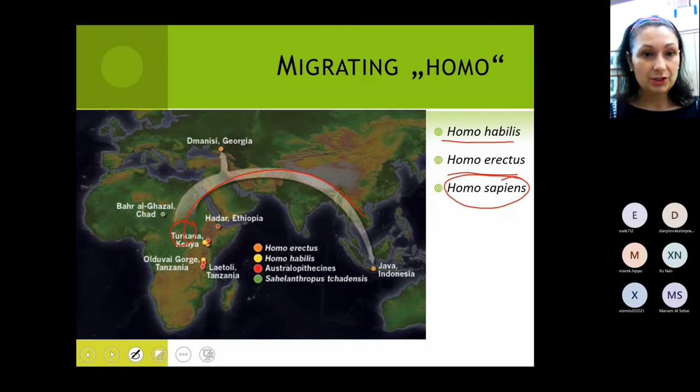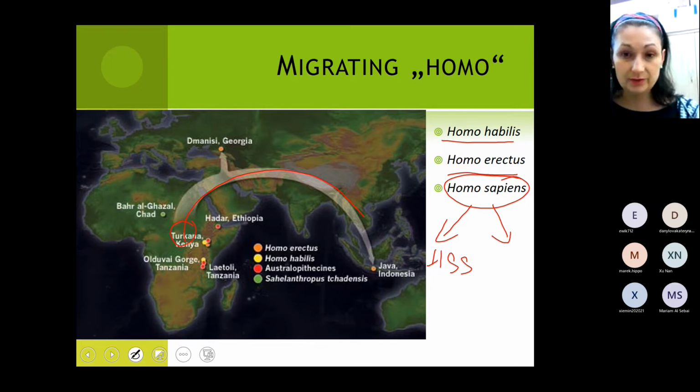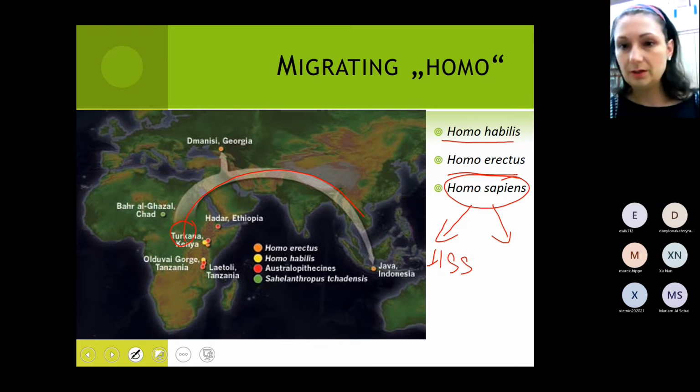Also, there are some interactions between these Homo subspecies. For example, Homo sapiens sapiens, as we are, and the second one, his cousin, Homo sapiens neanderthalensis.